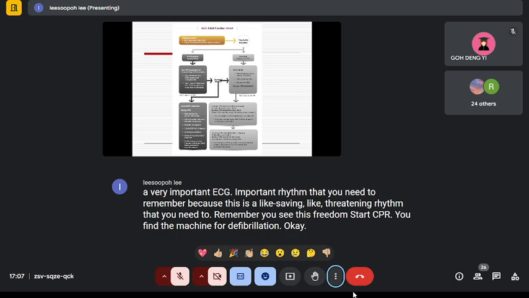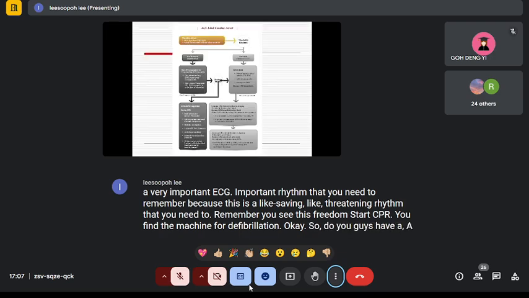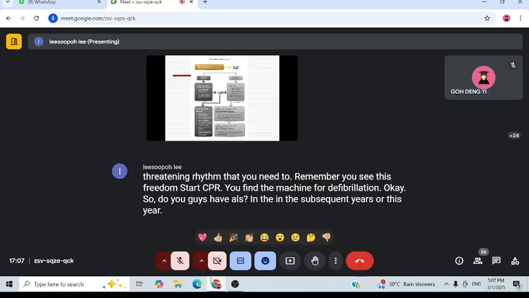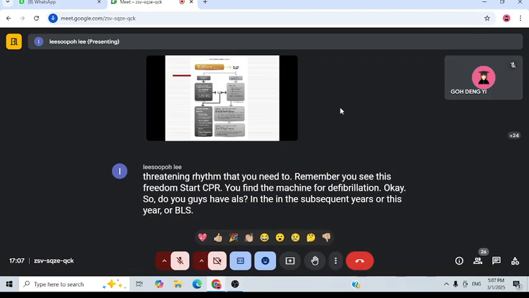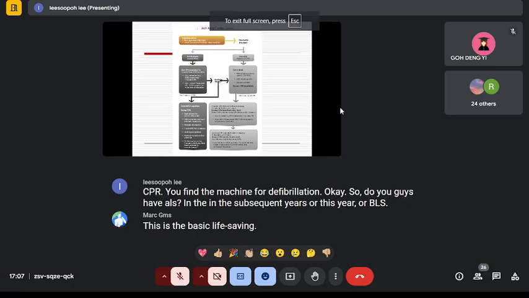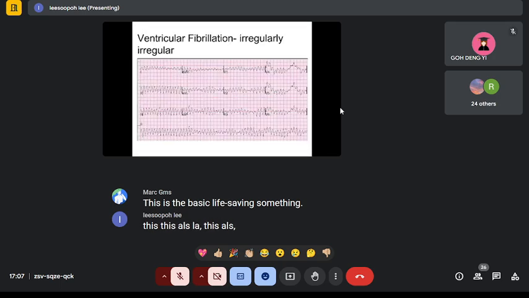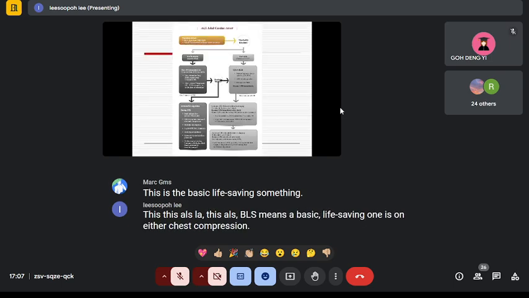Okay. So, do you guys have ALS in the subsequent years or this year, or BLS? This is ALS. BLS means basic life support, which is only chest compression and giving breaths.